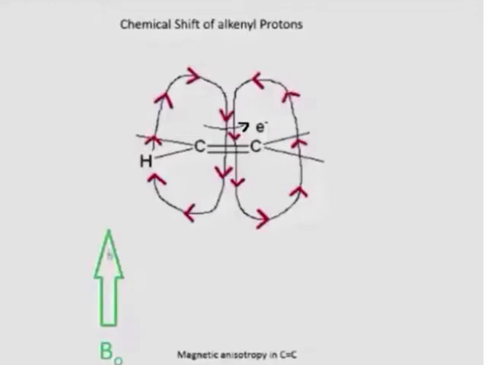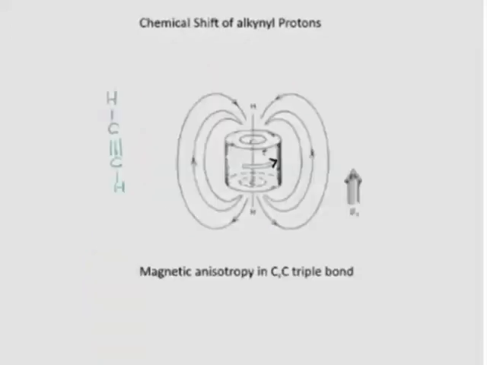And the increase is sufficient to cause significant de-shielding of the signal created by this hydrogen. Now the de-shielding is not as great as the aromatic proton. The aromatic proton had a delta of 6 to 9. Here, in most cases it falls between delta 5 and 6.